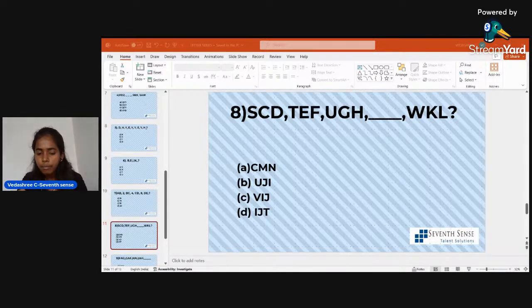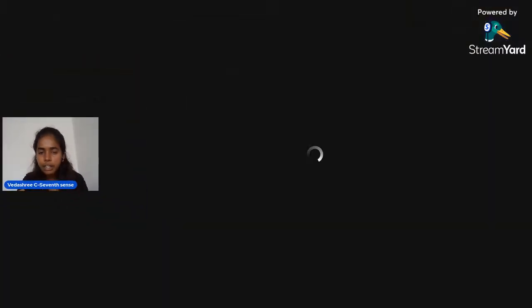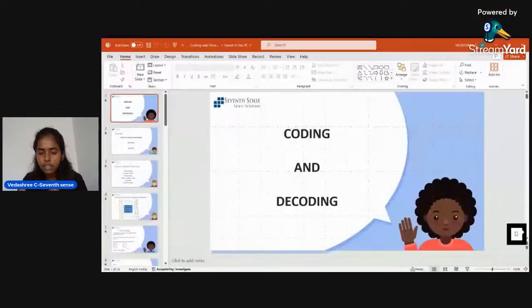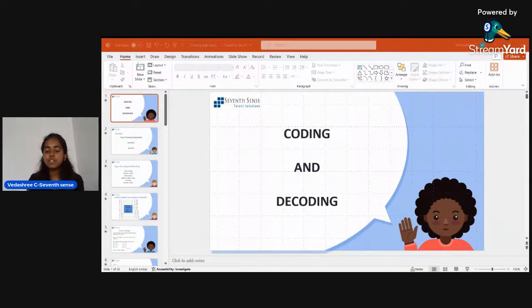Okay, so we'll move on to the next topic, that is coding and decoding. So the next topic is coding and decoding.